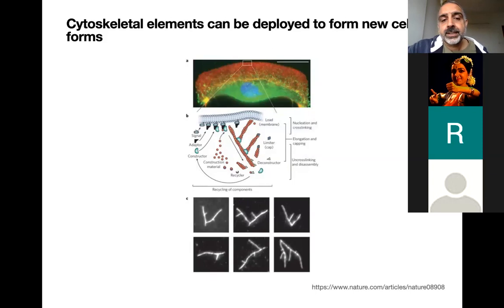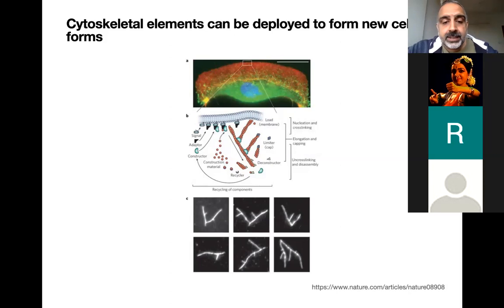What you're seeing is that you have a signal. If you look at B, you have a signal which causes the recruitment of an adapter. The adapter recruits what's called in this review a constructor, and the constructor is something that initiates the actin filament. The actin filament elongates, and as it elongates, other constructors can bind to various branch points in the actin filament to make different branches.